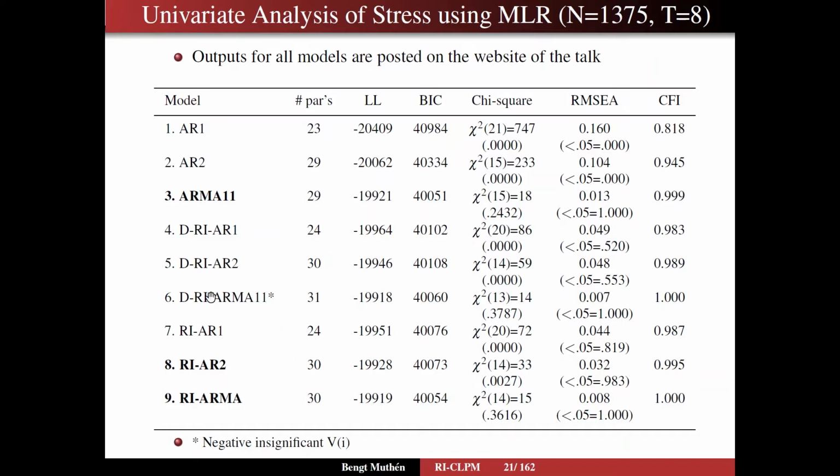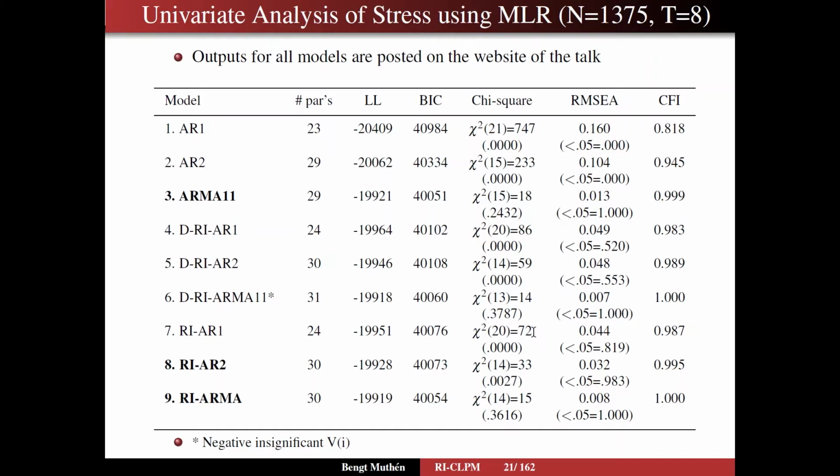Now when turning to the last 3 models, you have the dynamics between the residuals. So you have a separation of within and between person variation. Now the AR1 model still doesn't fit. It is, however, significantly better than the AR1 model above. Adding 1 parameter, the random intercept, chi-square drops from 700 something to 72.